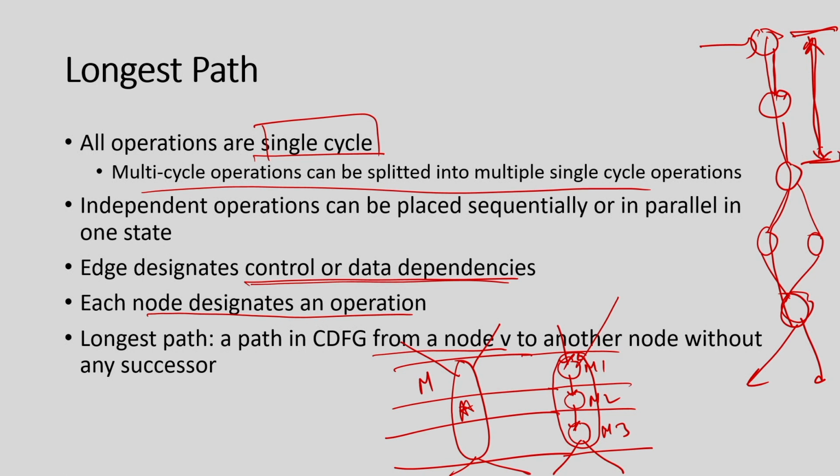The longest paths start from any node. It is not that it has to start from the start node, it can start from any other node. I will come to where it can start, and then it will always end at some node where there is no successor. This is the kind of last state in your program. Those are the longest paths.